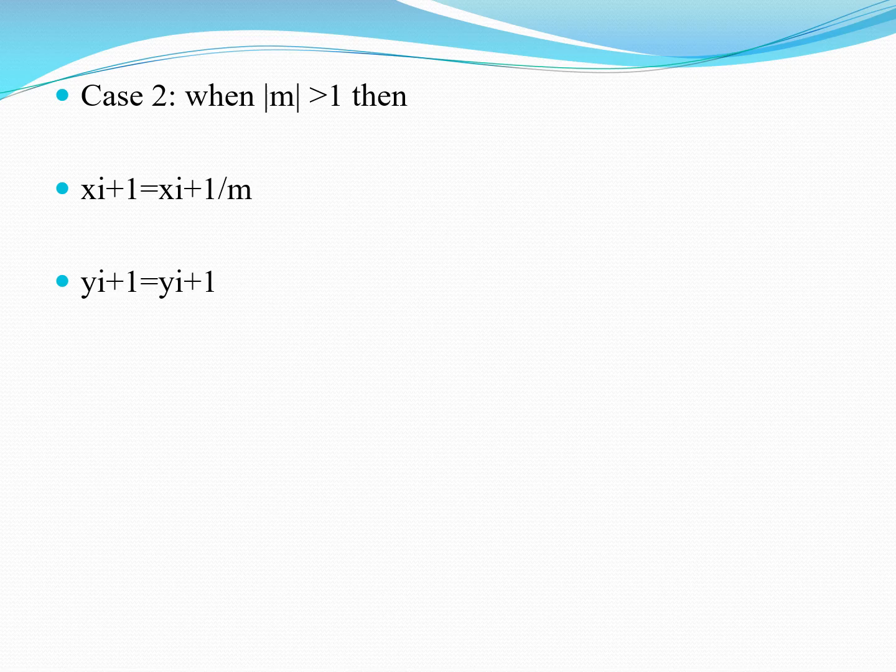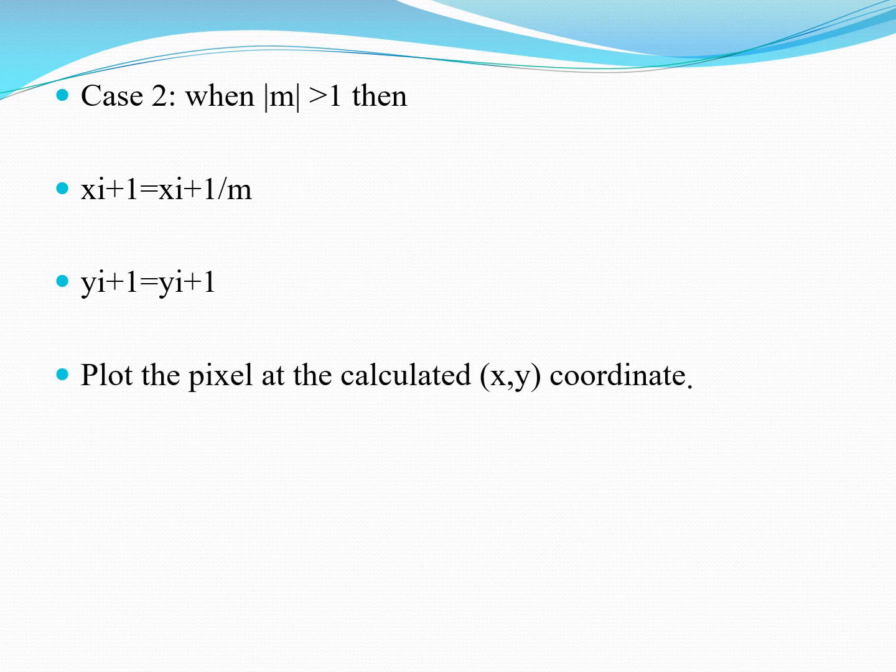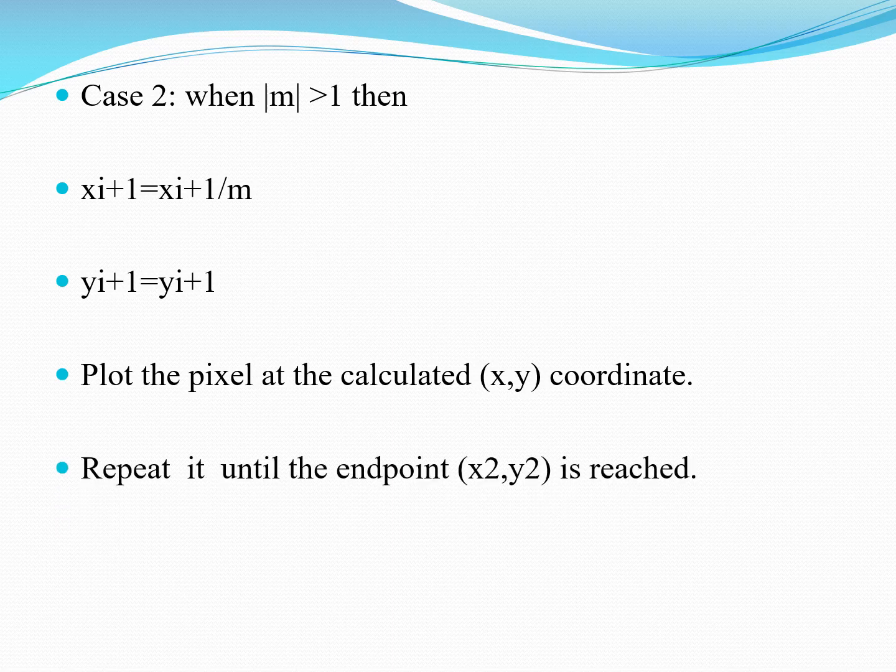In the previous case, when m is less than 1, we added the slope value to the y coordinate. Here y is simply incremented by 1. So it will plot the pixel at the calculated x, y coordinates. The algorithm stops when we reach the x2, y2 pixel values.